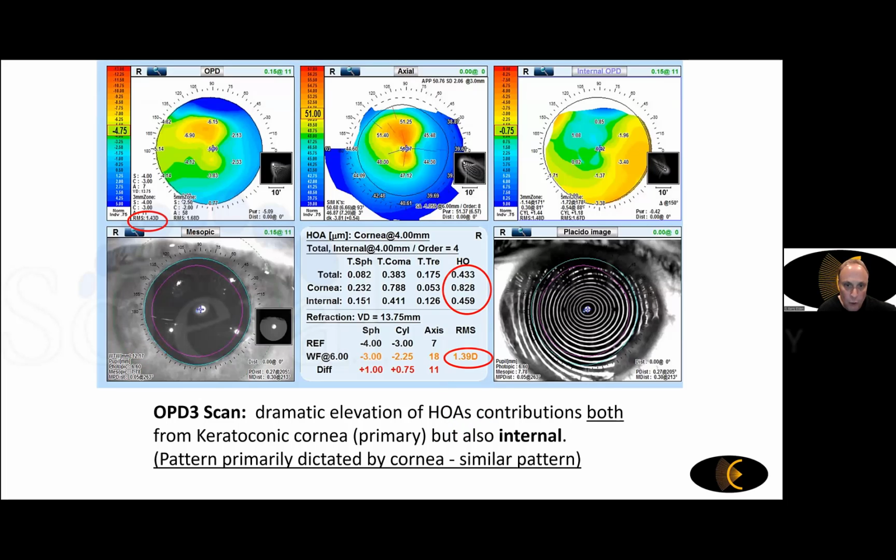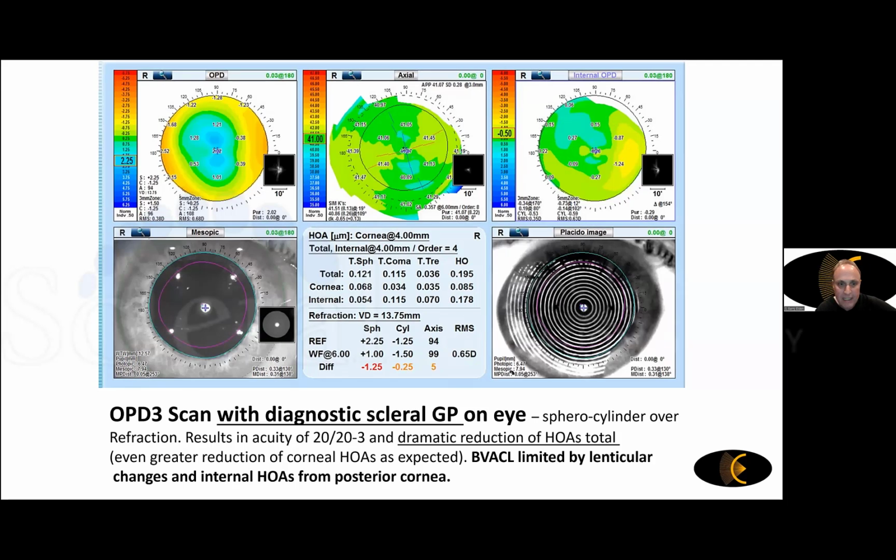And we can see that breakdown, the total versus the corneal versus the internal. Those numbers in the center circle, in this instrument, anything over 0.25 is considered abnormal. You can see both the anterior corneal, the internal, and the total are all elevated in this case of keratoconus.